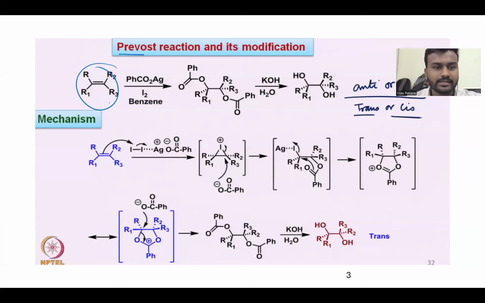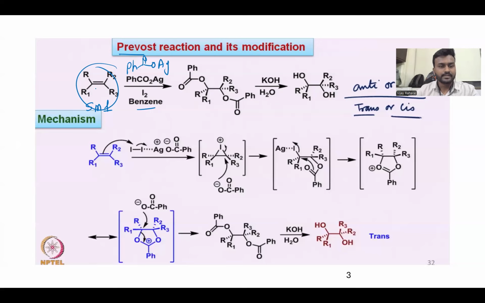This is the alkene, the starting material, in the presence of the silver salt of benzoic acid, C double bond O Ag. I just enlarged the structure. Silver salt in presence of iodine, and the solvent here is benzene. Although benzene is nowadays banned in India for use as a solvent, there are many other options like toluene and other solvents we generally use in this case.